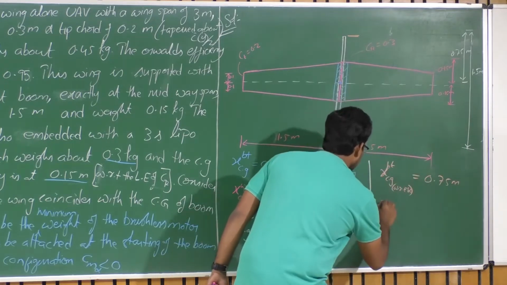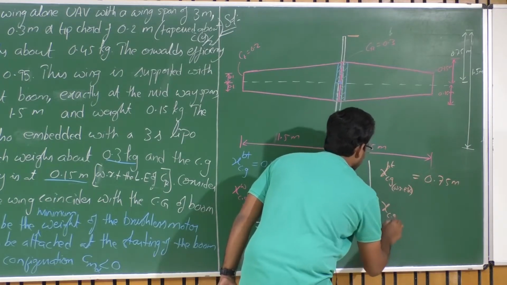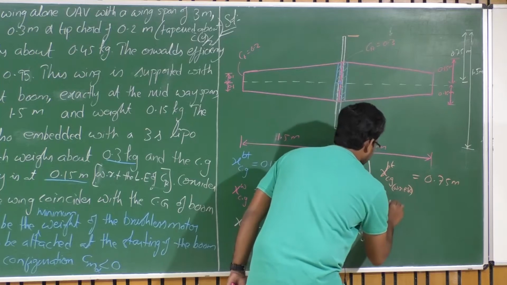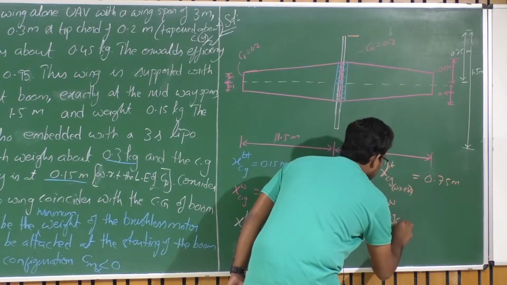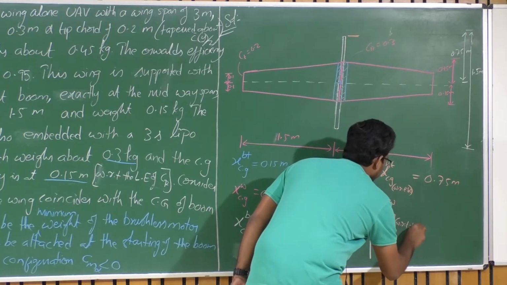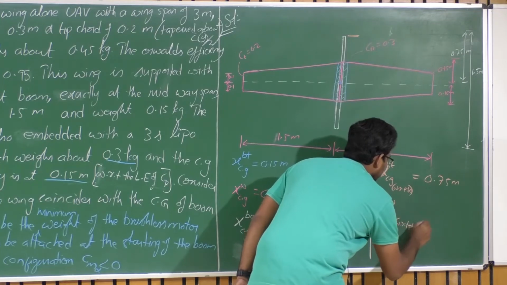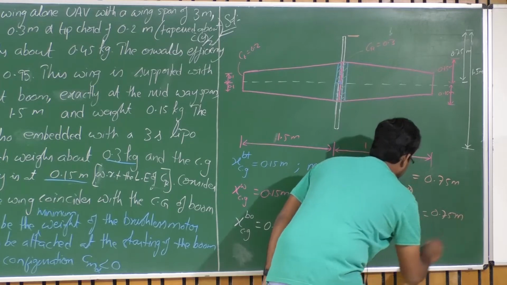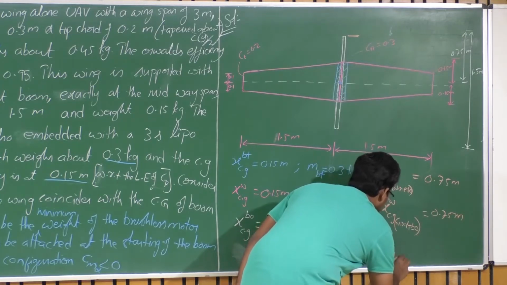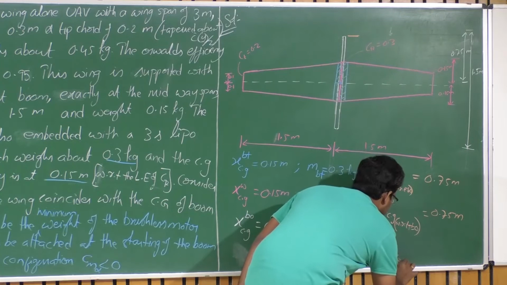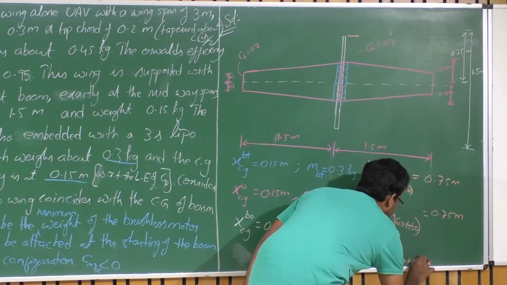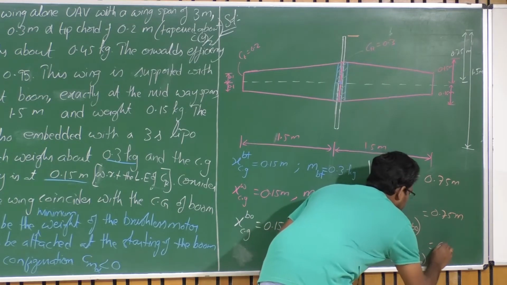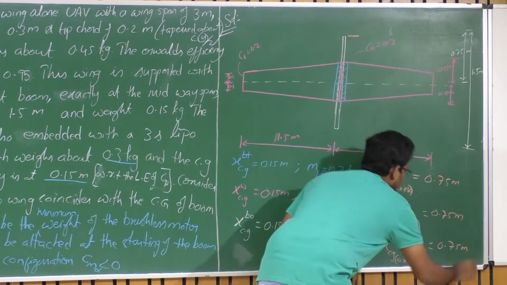Similarly, X CG of wing with respect to boom is also 0.75 meters, and X CG of battery with respect to boom is also 0.75 meters.